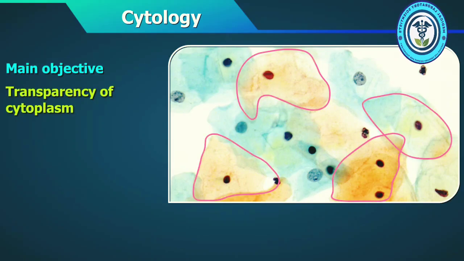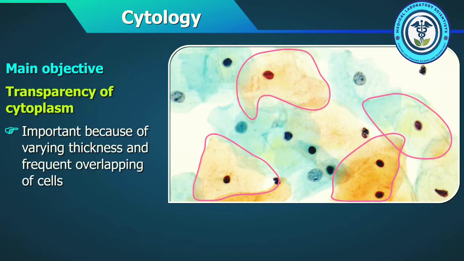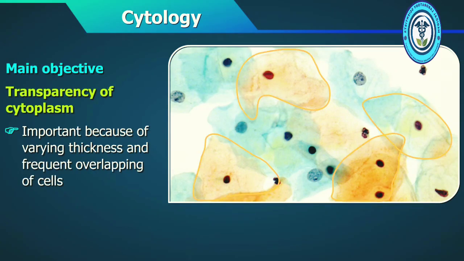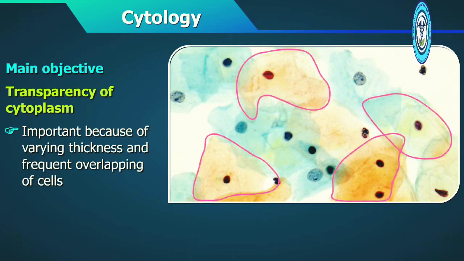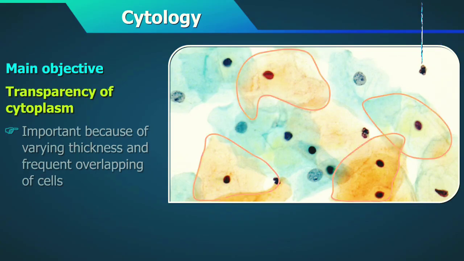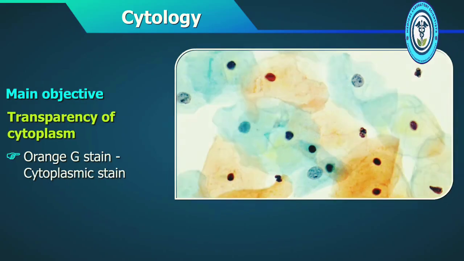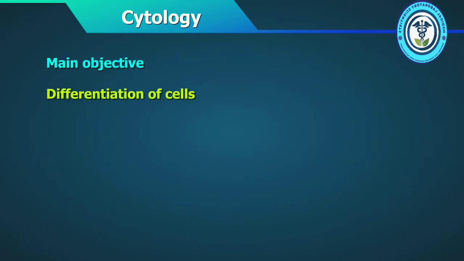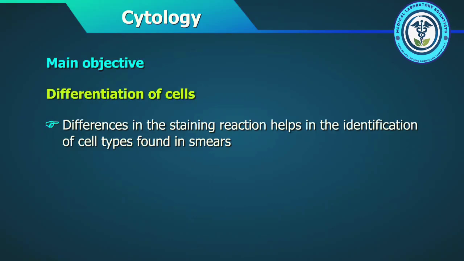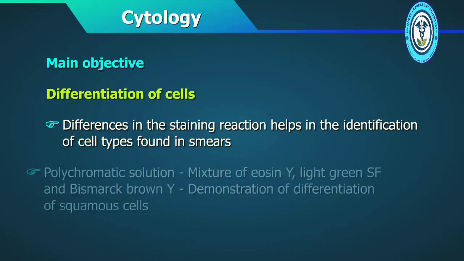Transparency of cytoplasm. This is of particular importance because of the varying thickness and the frequent overlapping of cells. Orange G stain is used as the cytoplasmic stain. Differentiation of cells. Differences in the staining reaction, such as that between acidophilic and basophilic cells, help greatly in the identification of certain cell types found in smears.